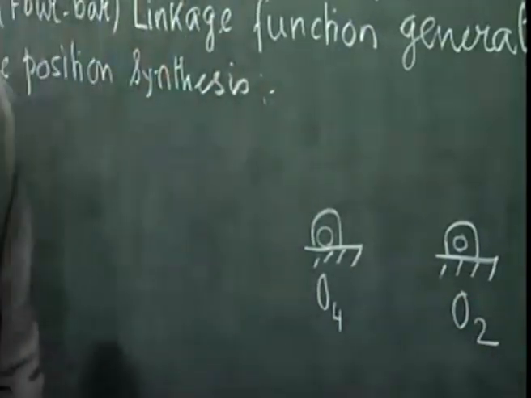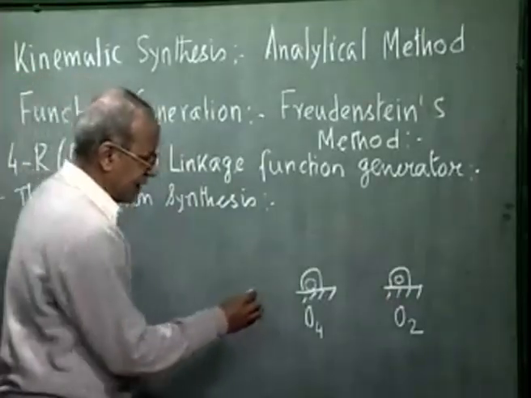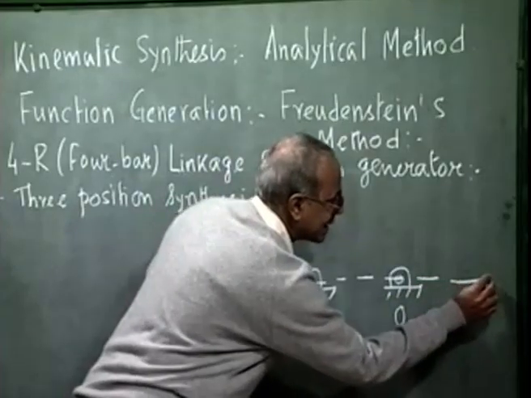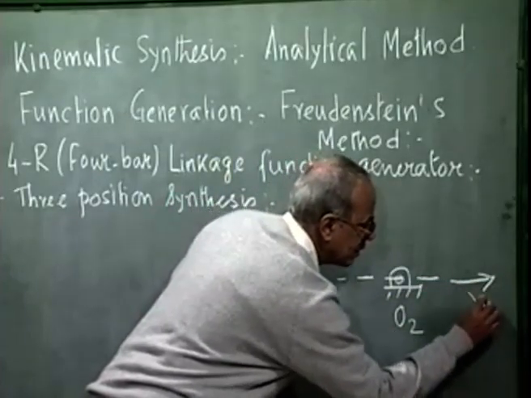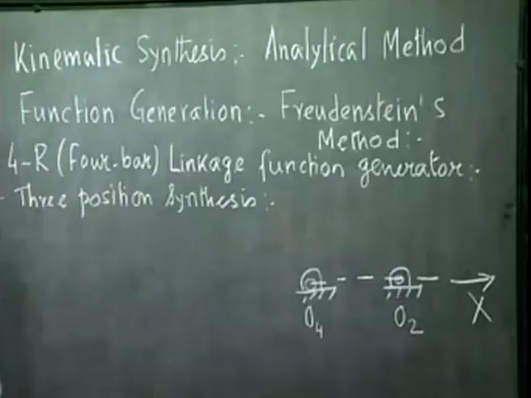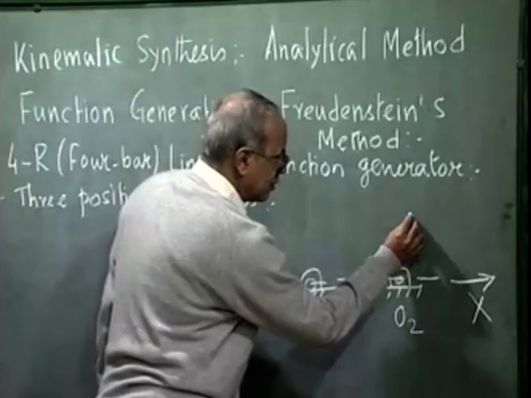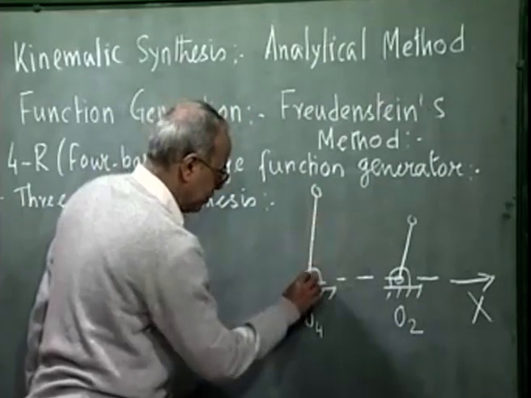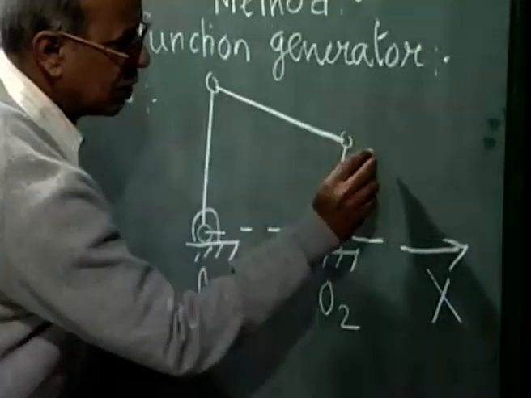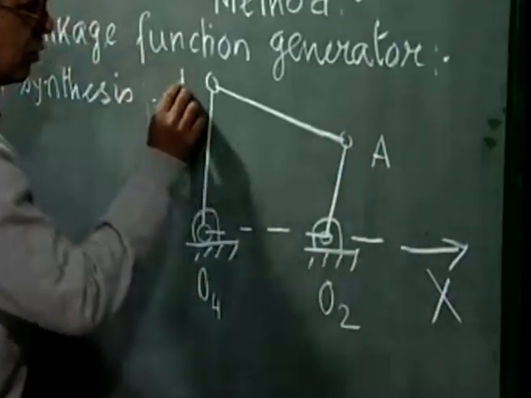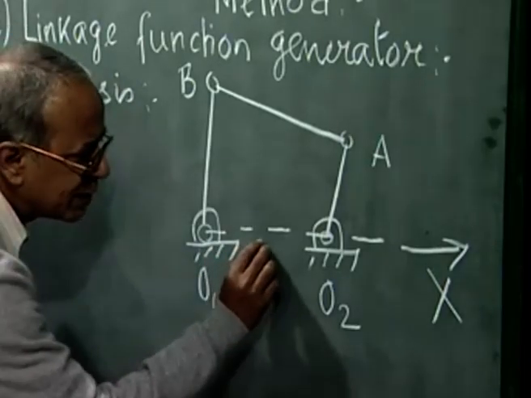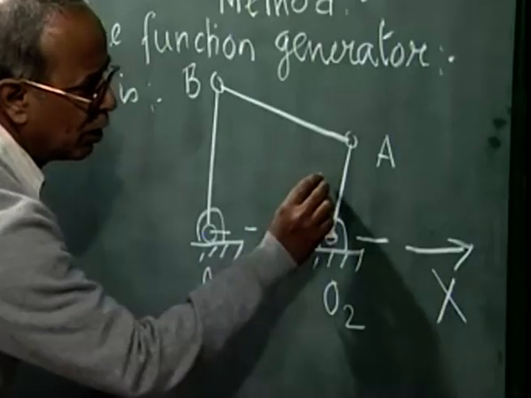These are the 2 fixed hinges O4, O2, which define the fixed link, and we take our x-axis joining O4 and O2. O2, A, B, O4 is the 4R linkage, where O4O2 is link number 1, that is the fixed link.